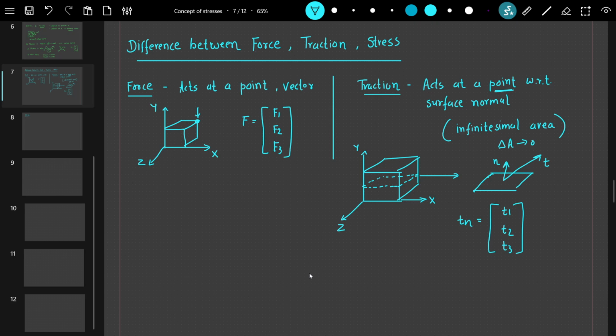So the traction, we say it is an intensity of force. Okay, let's write down here: intensity of force acting on an infinitesimal area, which is described by its normal n. Okay, normal n.